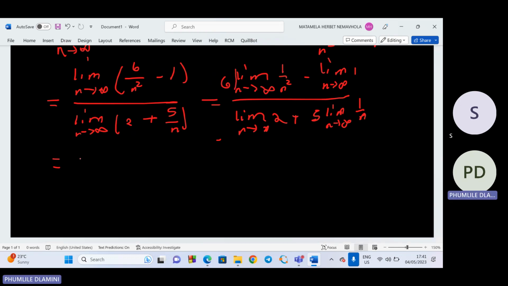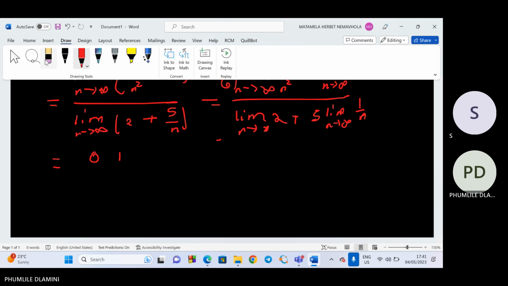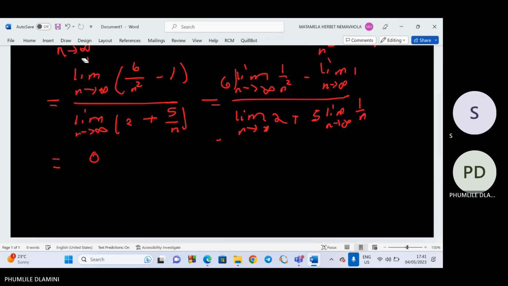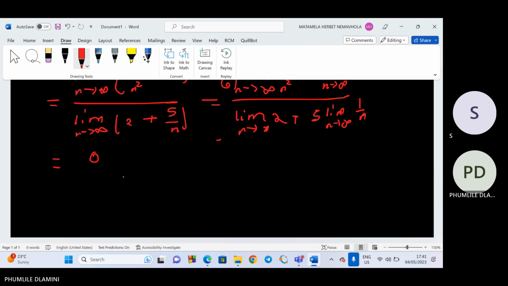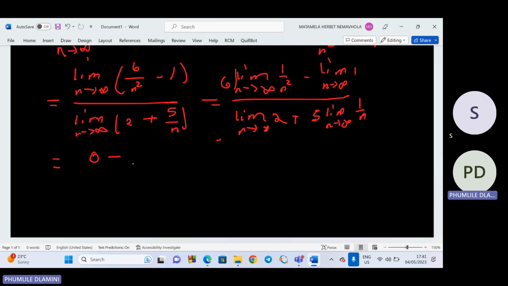So we're going to have 6 times 0, minus 0 minus 1. The limit, this one is going to be 1 over 2 plus, this one is going to give us 0. Then the answer is going to give us minus 1 over 2.